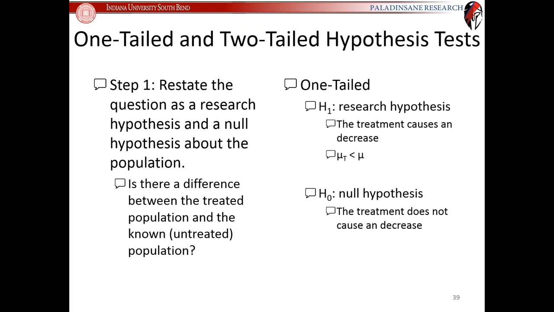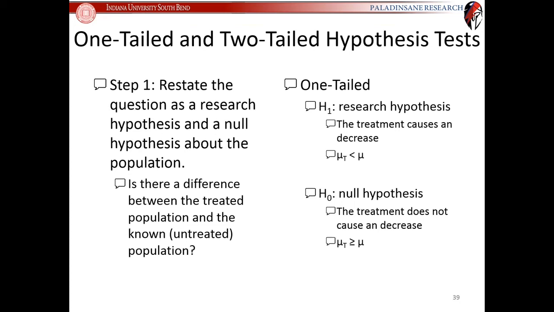The null hypothesis has to cover everything else. So it is the complete opposite. Null hypothesis: the mean of the treated is greater than or equal to the mean of the untreated population. Covers greater than, covers equals to, covers all three possibilities. You have a full hypothesis test.